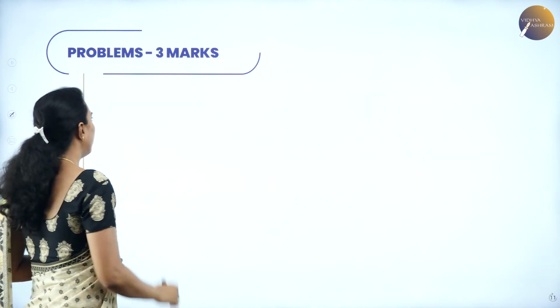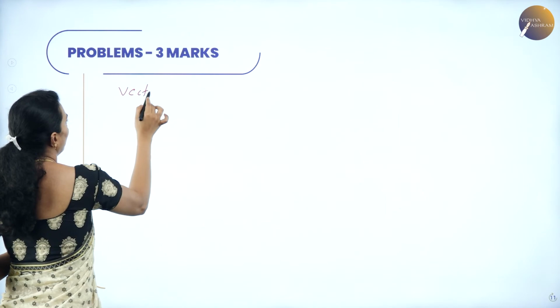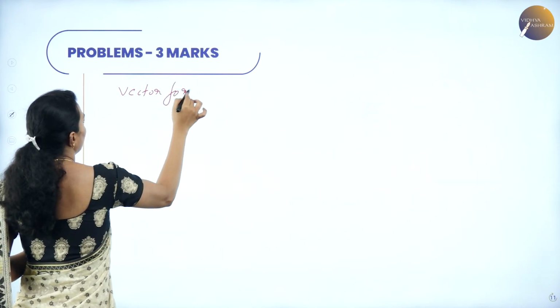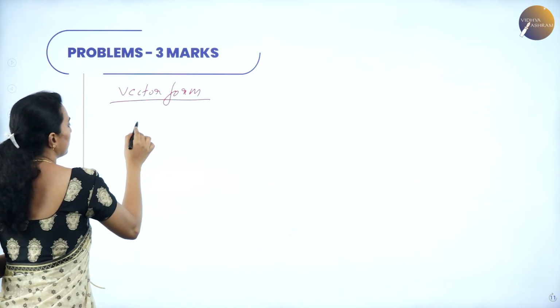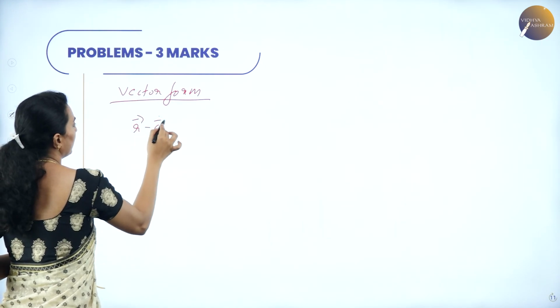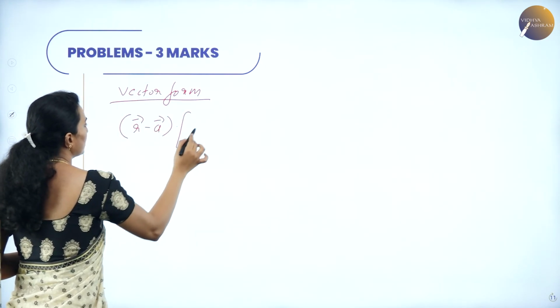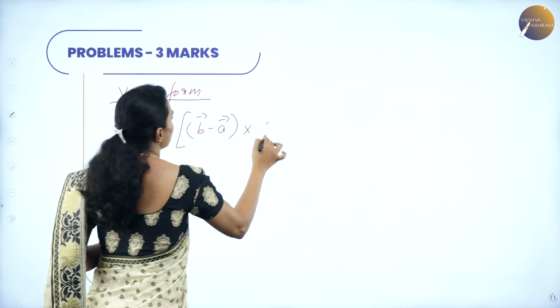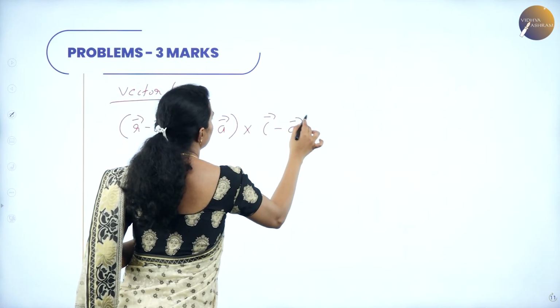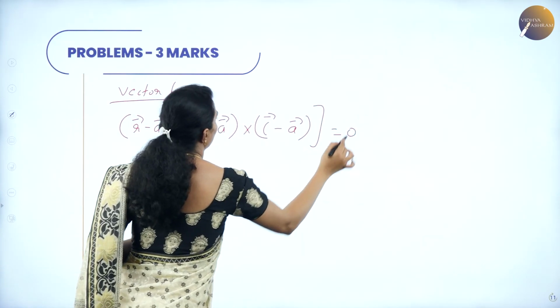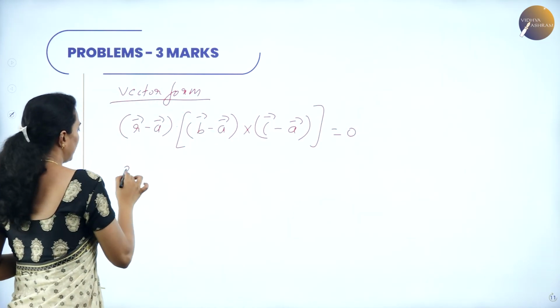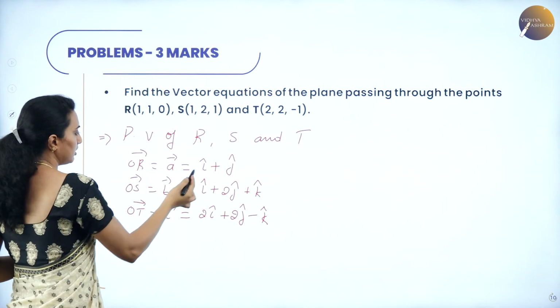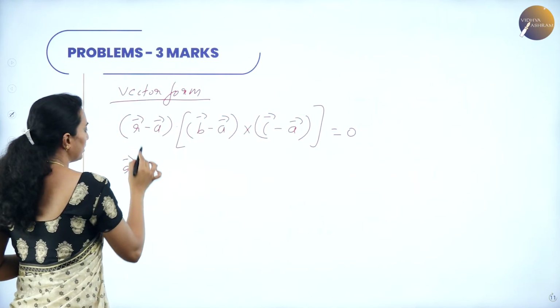Now, what is the vector form? The vector form is given by (R vector minus A vector) dot the cross product of (B vector minus A vector) cross (C vector minus A vector) equals 0. Now, R vector minus A vector is R minus i minus j, along with the minus sign.